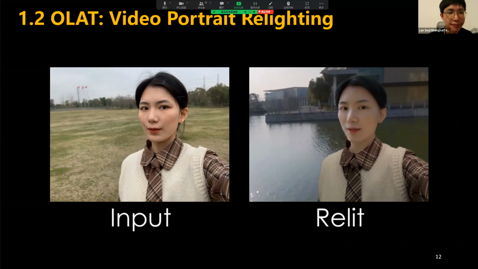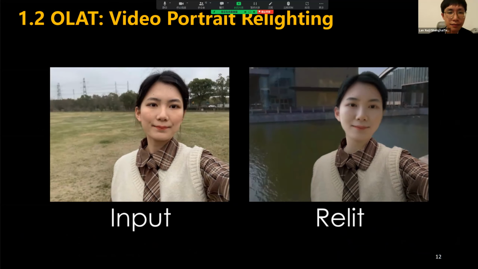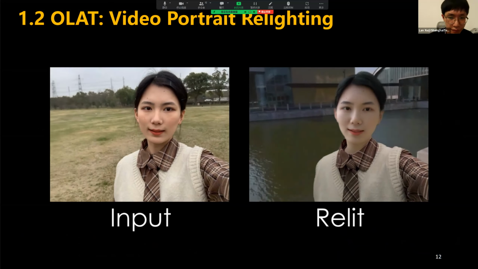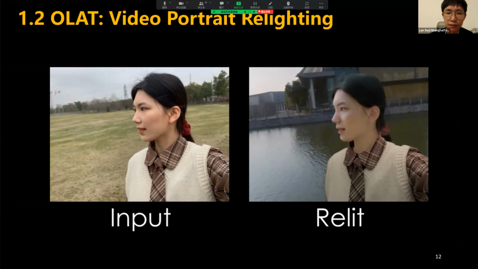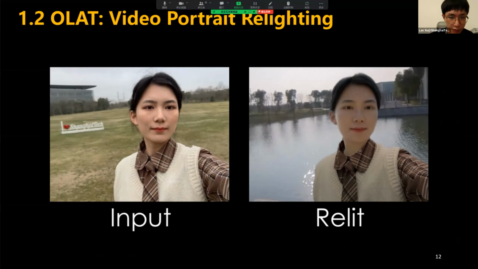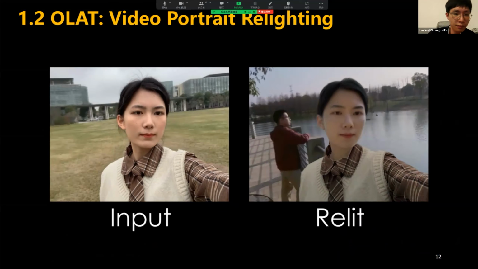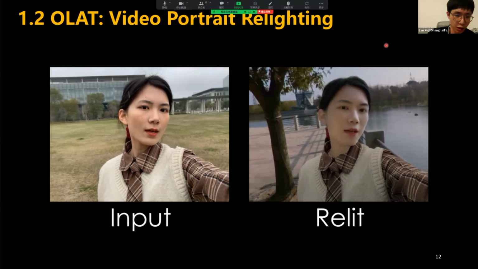Temporal and lighting consistency to enable realistic video portrait light editing, whilst maintaining real-time performance even on portable devices. It can generalize to different identities from different video inputs, and we can relight the videos into different background environment maps.